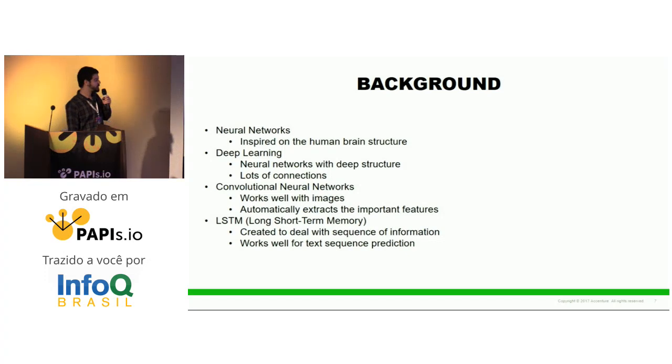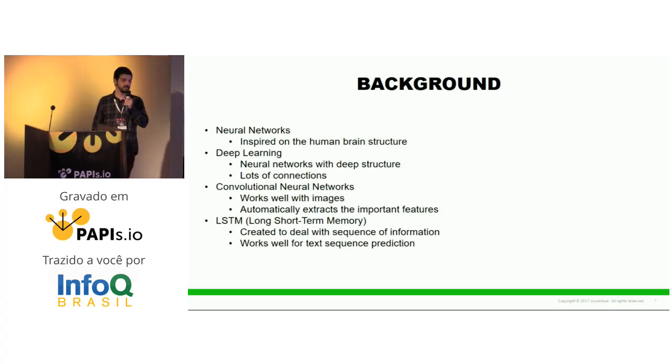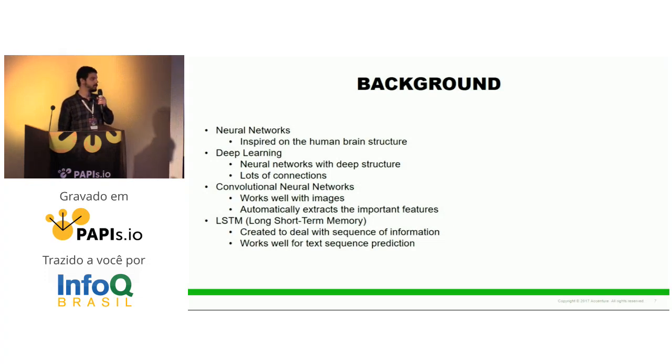Deep learning is mainly based on neural networks, but it's like an extension. Nowadays you have a lot of computation power, and then you can go deeper. So you can have a lot of layers and different architectures to solve the problems.